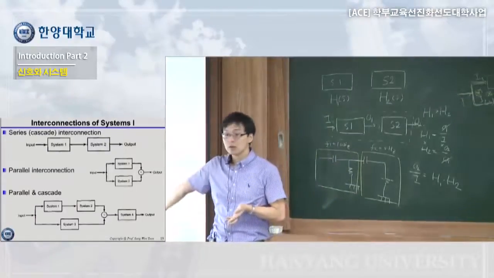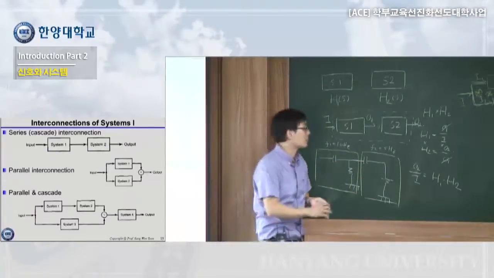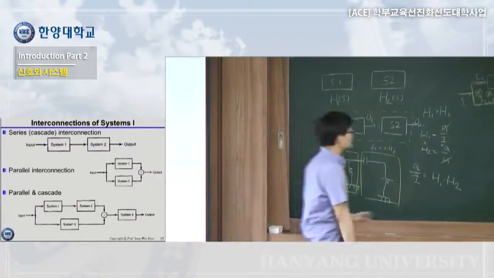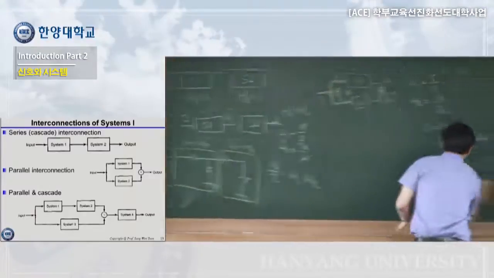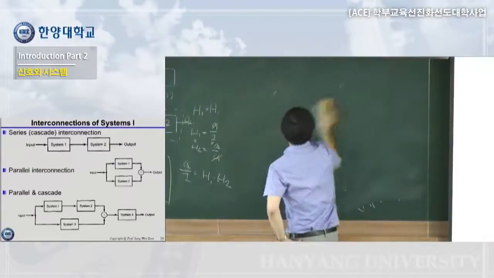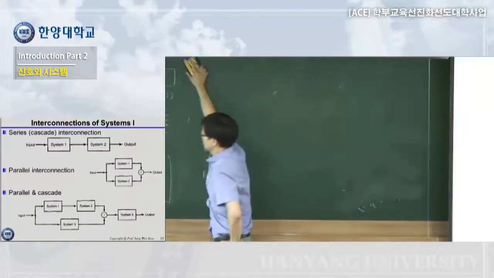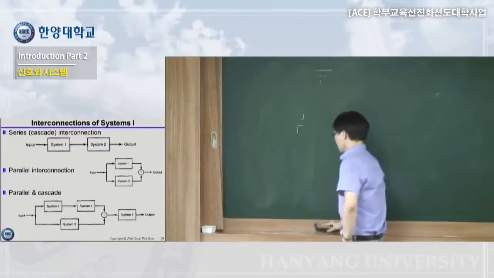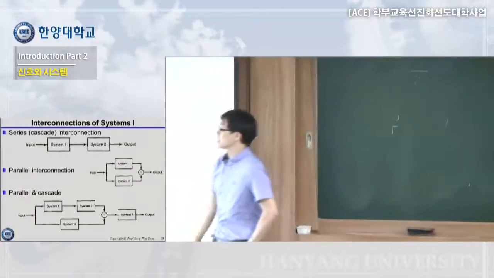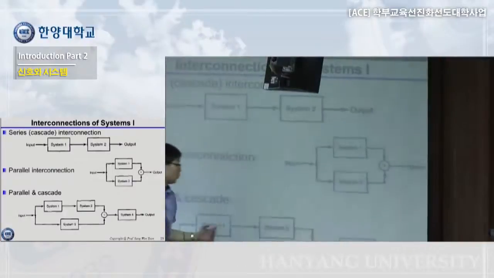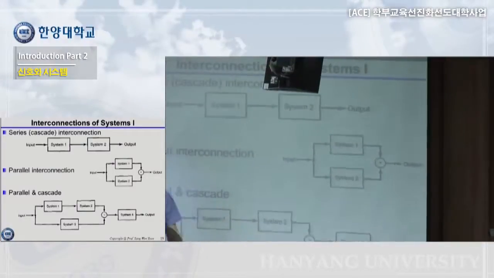So let's change the question to like this. Let's have an example. Is it clear? Question? If you are asked what is the system function of all of these, 1, 2, 3, 4, how do you do it?